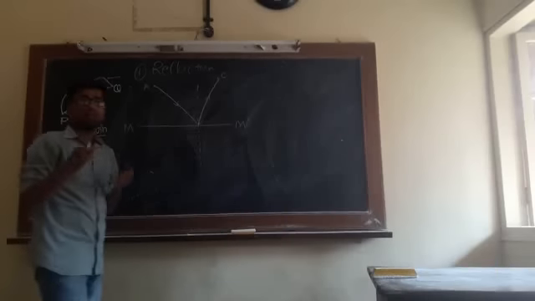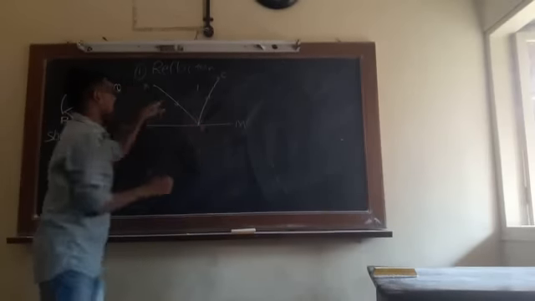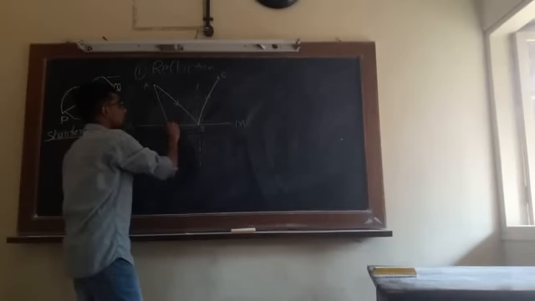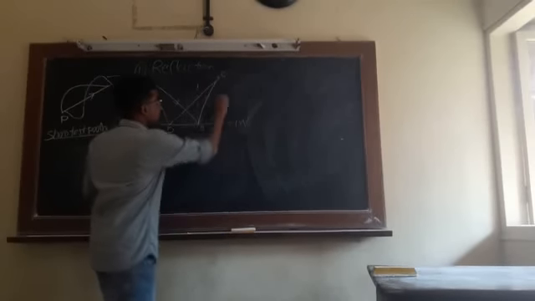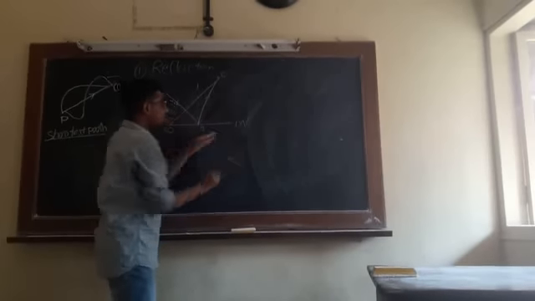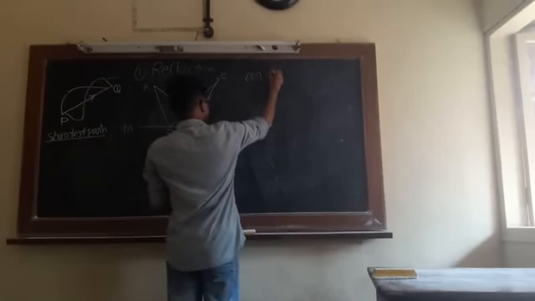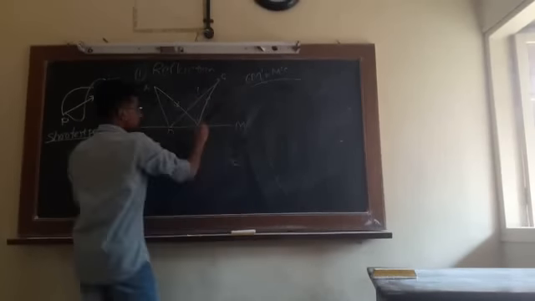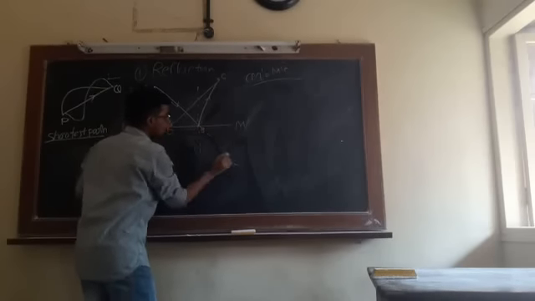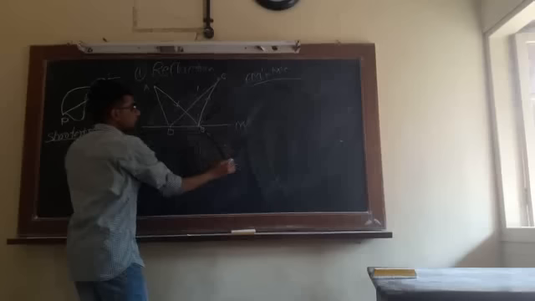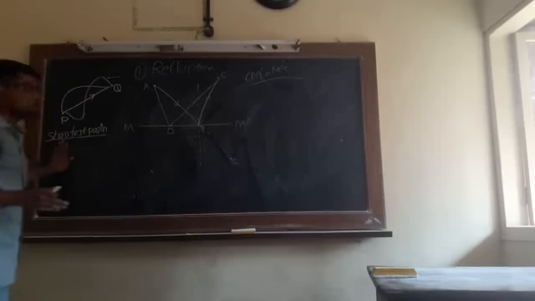Now there are so many ways to go from point A to point C. Here is point B, and another way is suppose ABC. Now I will draw a mirror image of point C, at equal distance from M dash. It means CM dash is equal to M dash C. So when I draw a line joining point B and C, it will be the line joining point A and C, and it is a straight line.